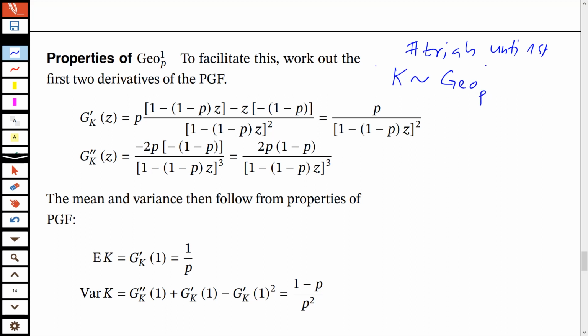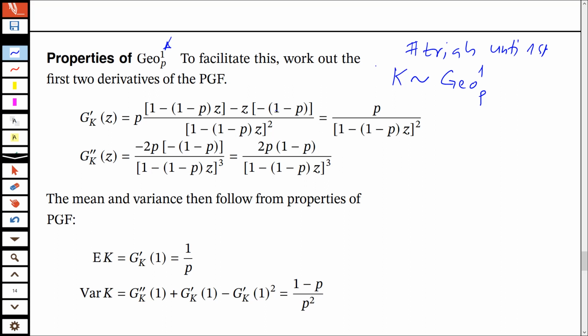P here is the probability of success, and we write 1 there because the smallest number of trials is 1. You need at least 1 trial to get that first success. So note this one corresponds to where the support starts.